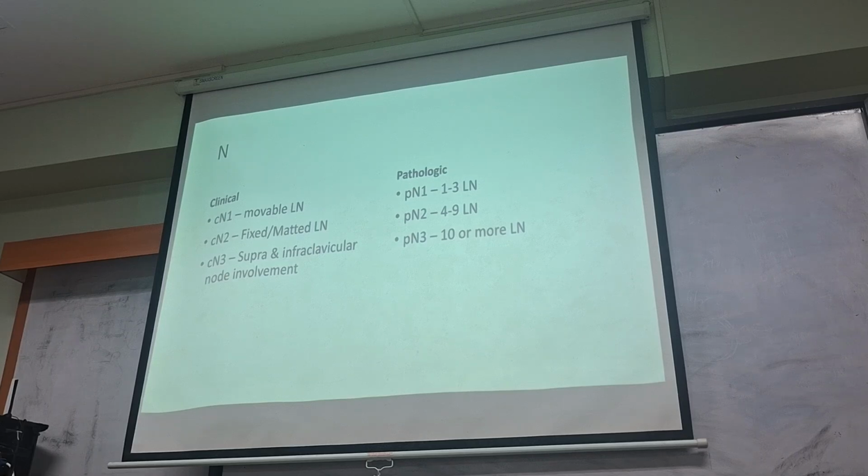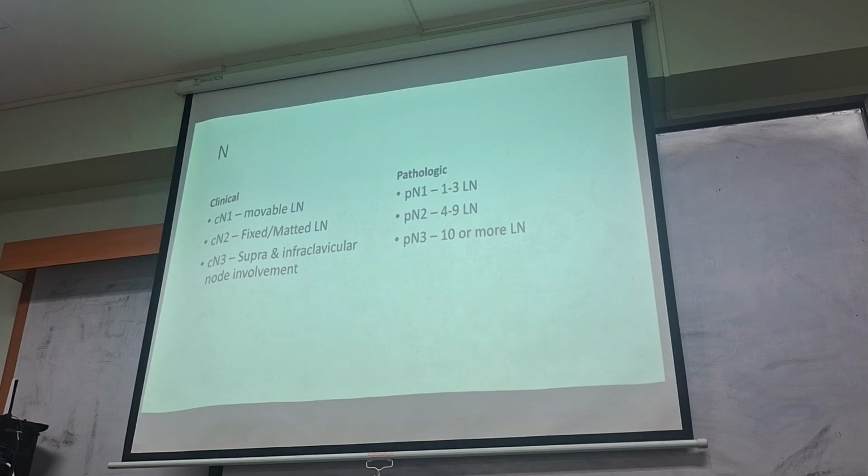So we have two forms of staging, right? One is clinical, one is pathologic. So clinical would just be your mammogram, your ultrasound, the imaging that has been used without the biopsy. Pathologic is going to be with the final biopsy. So there is a difference only on the lymph node side.